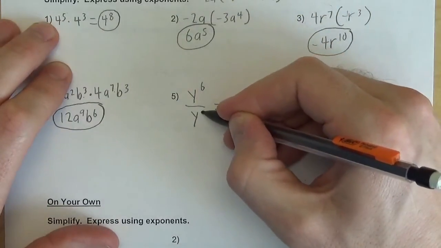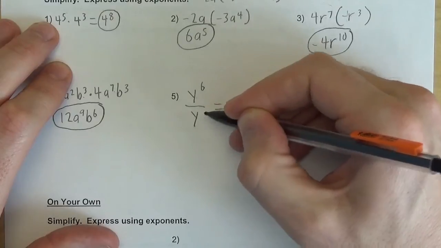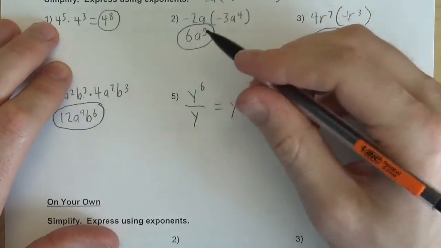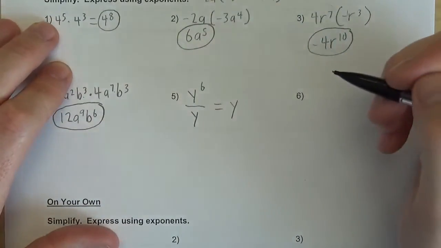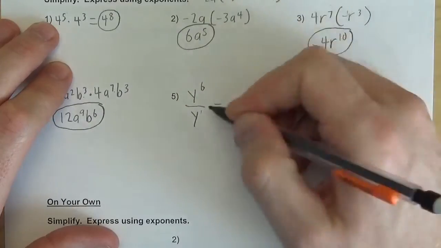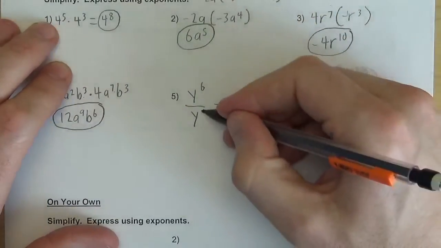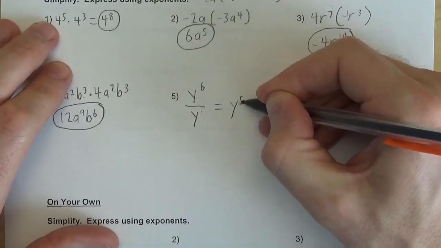So 6 minus, now there's no exponent written, but this still counts as 1. This still counts as a y. So now another thing you need to remember about variables is if there's no exponent written, then there's an understood exponent of 1. So really this is 6 minus 1, not 6 minus nothing. We'll talk about exponents of 0 later, but 6 minus 1 would still give you 5.